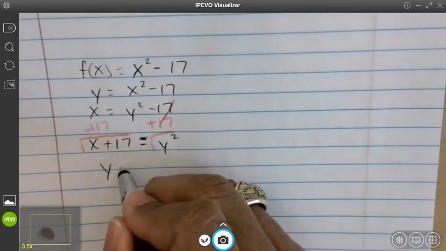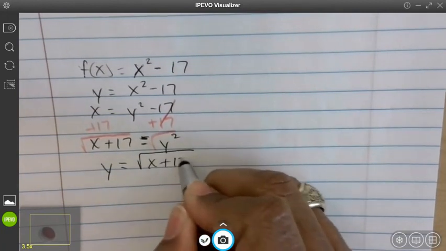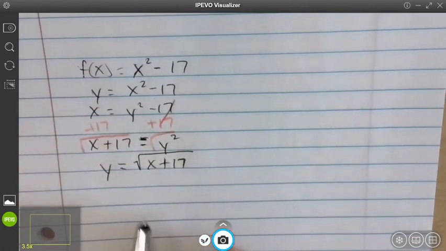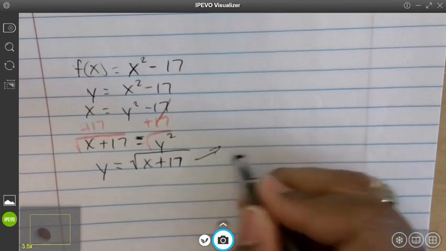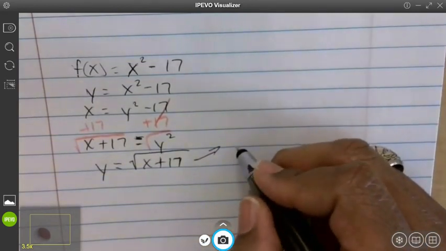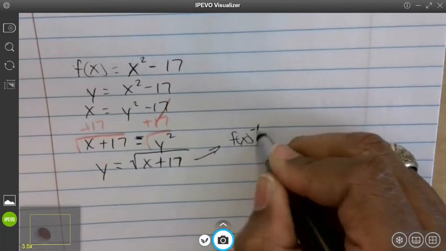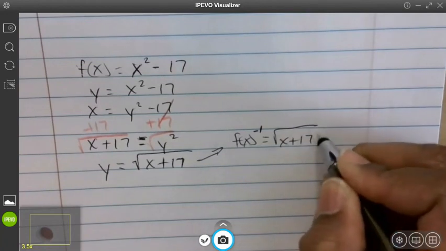It'll be y equals square root of x plus 17. There's nothing else to do here. This is your answer, but we still have to change it into function form. So it'll be f of x, don't forget the negative 1, equals square root of x plus 17.